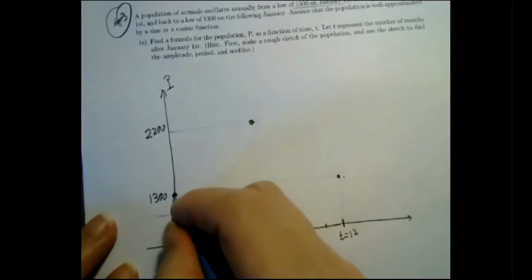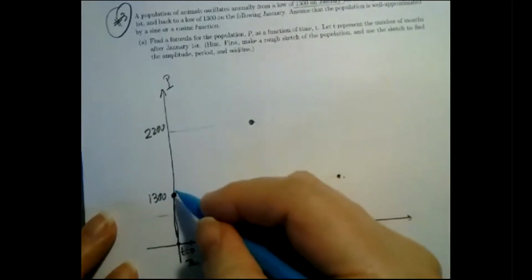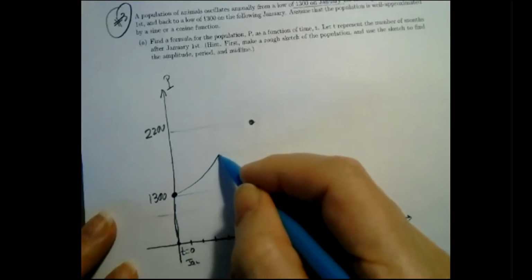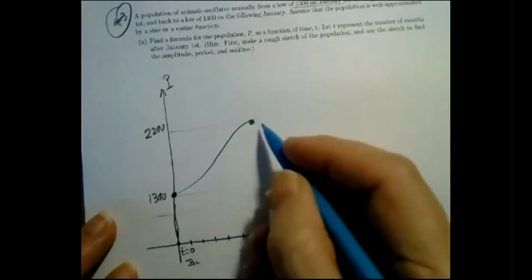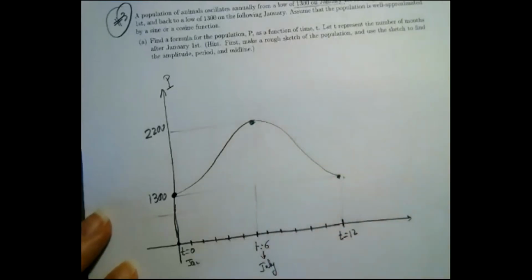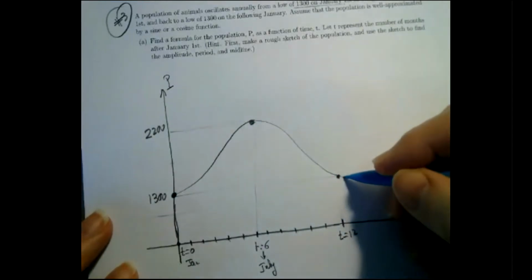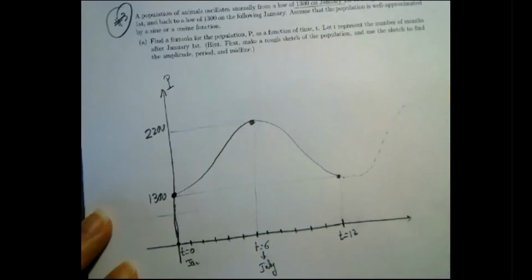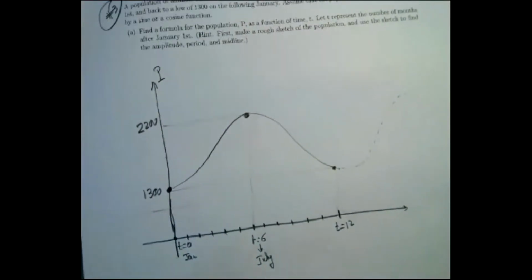Okay, so these are some of the values. So the graph we expect to be somewhere like that. So we're really doing an approximation. That's how we expect the graph to be. And then it's going to repeat. So we assume that the population is behaving exactly in the same way. Okay, so that's the picture that we're expecting.